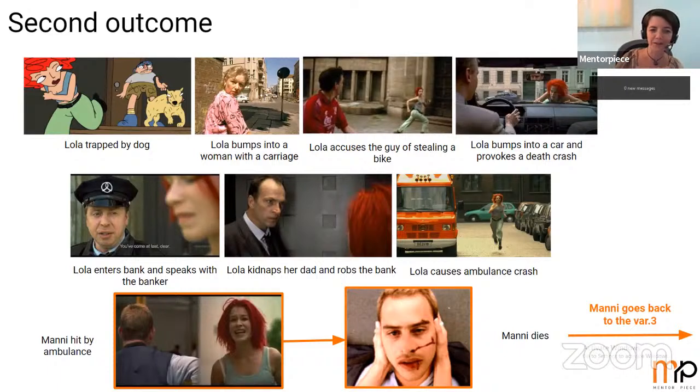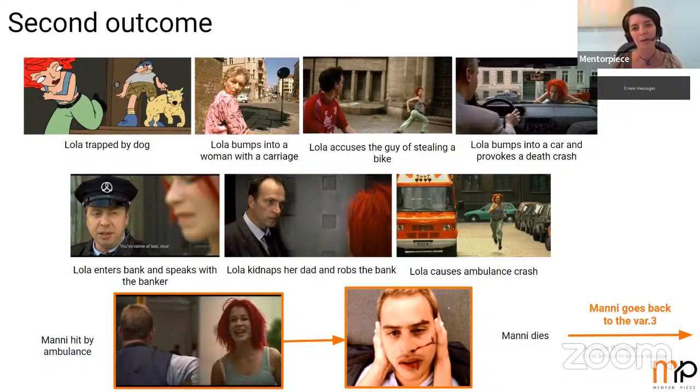Then she enters the bank and in this variant of reality speaks with the banker. Then she decides to kidnap her dad and rob the bank. Police again come to arrest somebody, but decide that Lola is not guilty.